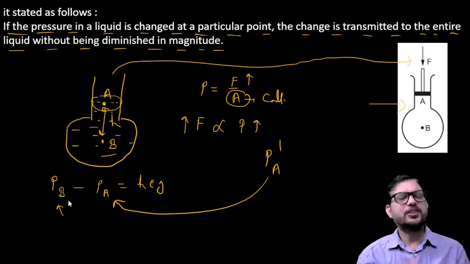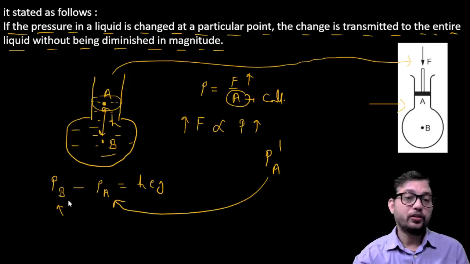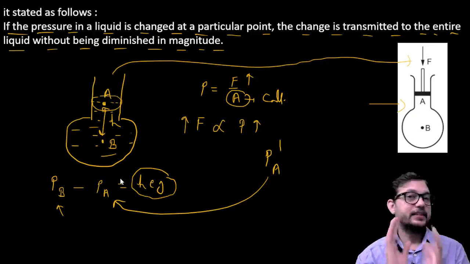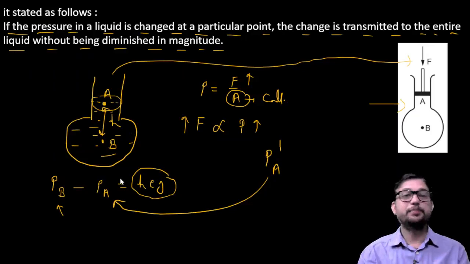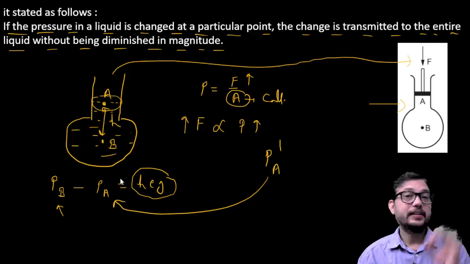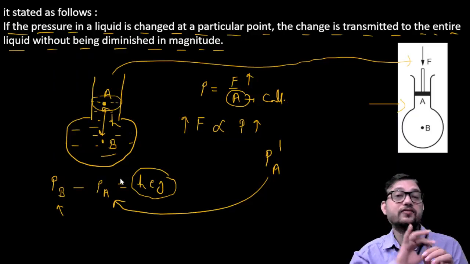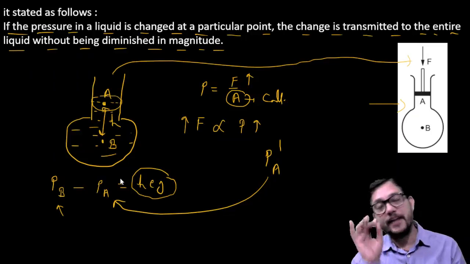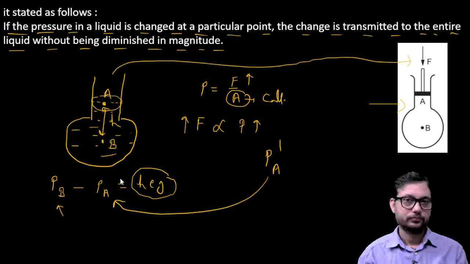PB must change because the difference is always constant, which is H rho g. That's why Pascal states that when we increase the pressure at one point, the pressure changes at each and every point within the liquid.